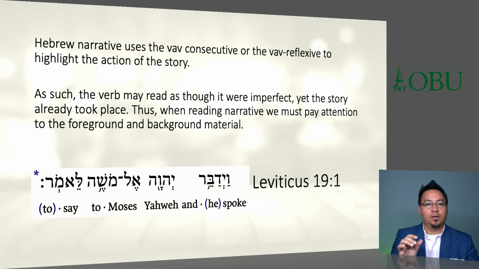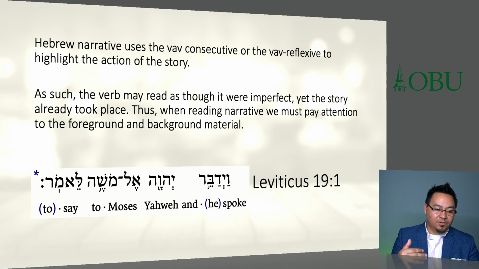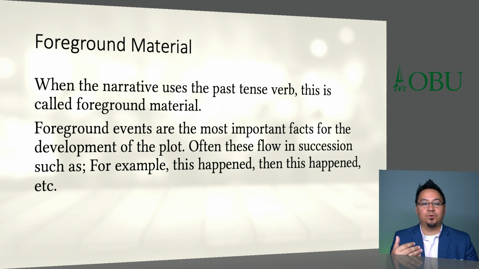It hasn't happened yet. But if we were reading it and literally translating it, ignoring the vav consecutive, we would say, "and Yahweh will speak to Moses." Or maybe, "and now Yahweh's speaking," or present tense, to Moses. The author of the text is inviting us to enjoy this.